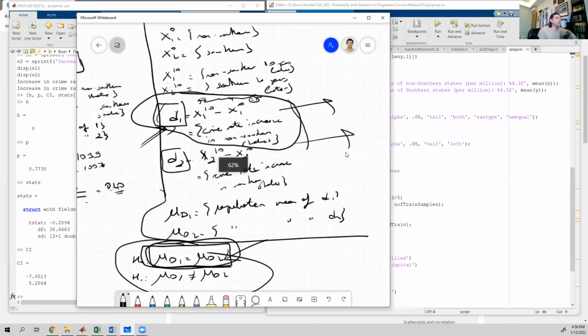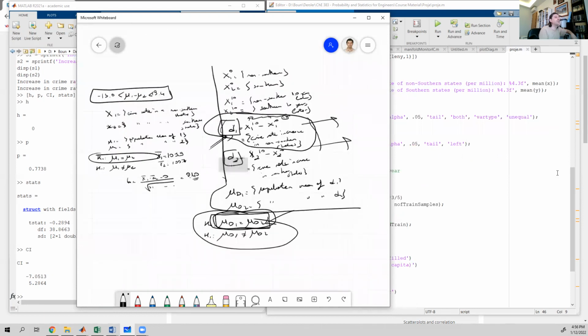Anyway, what I'm going to do right now is a very simple test. I'm going to see whether the expected value of D1, let's call it new D1, is equal to 0 or not equal to 0. So here it means whether the crime rates of the non-Saturn states have changed within 10 years or not. In this case, I do not care about this part.